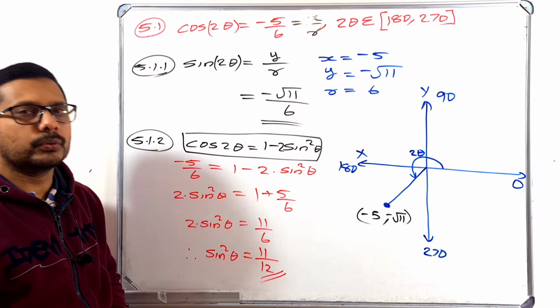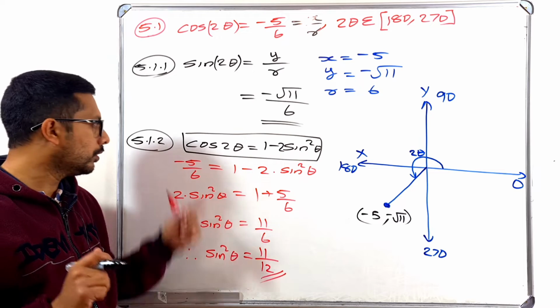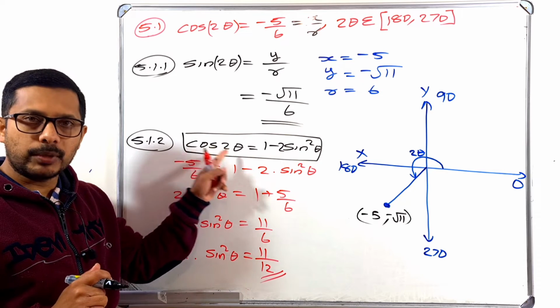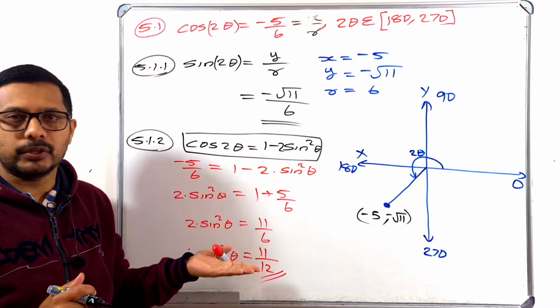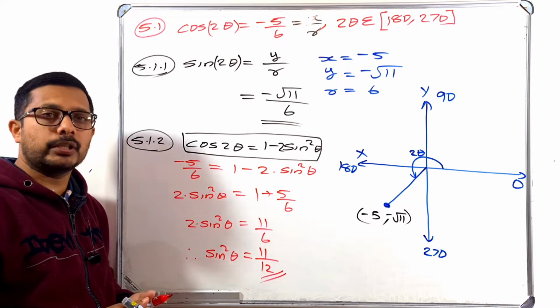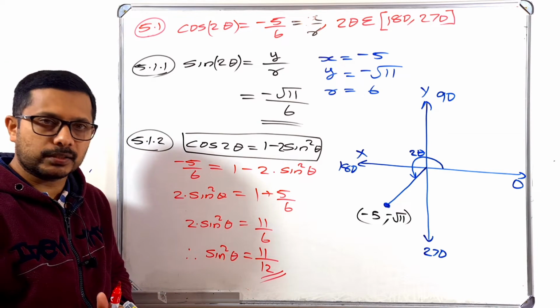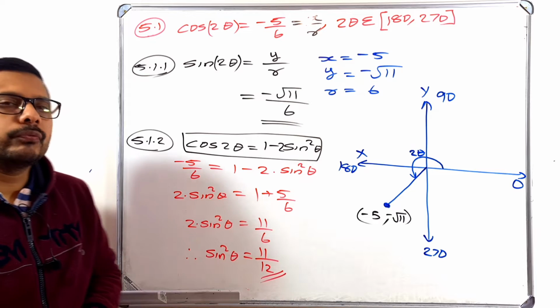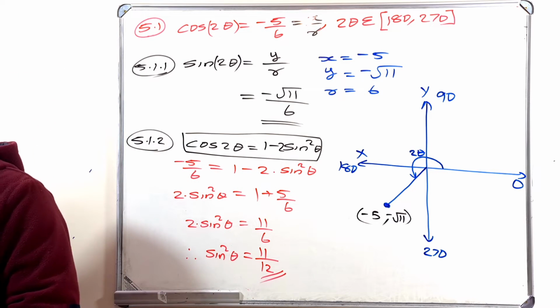So learn by heart all those 3 formulas for cos 2 theta, the double angle cos, and learn by heart the formula for sine 2 theta. We don't know what type of question is coming when you write your exam, so it's better to know all those formulas. So that is 5.1.2. Now let's go to the next question, 5.2.